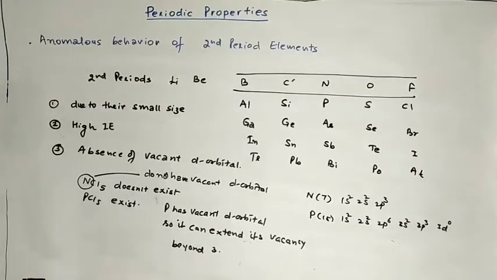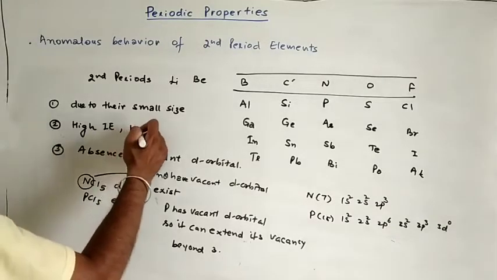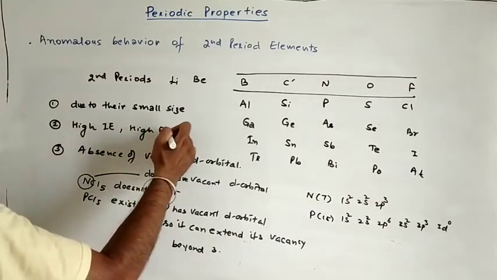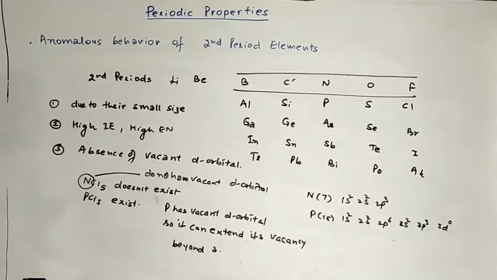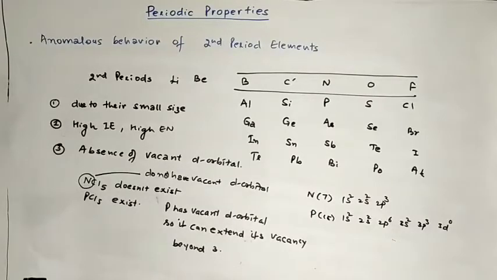And similarly, electronegativity is also high, like ionization energy. You will also write here high electronegativity. By this point, we can explain why water is liquid and H2S is gas, because in water there is an O-H bond and hydrogen bond is formed. That we will discuss in the next chapter. Okay.